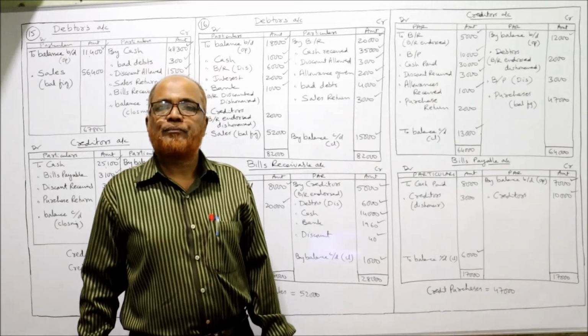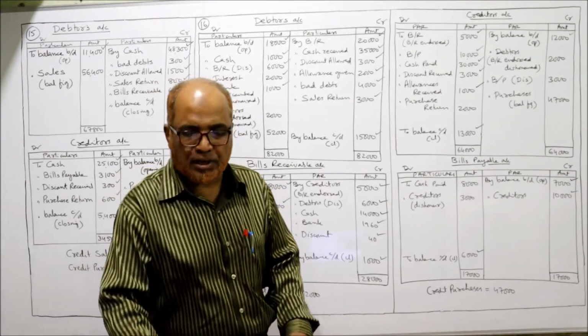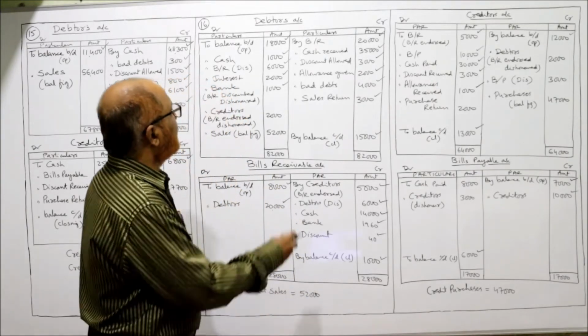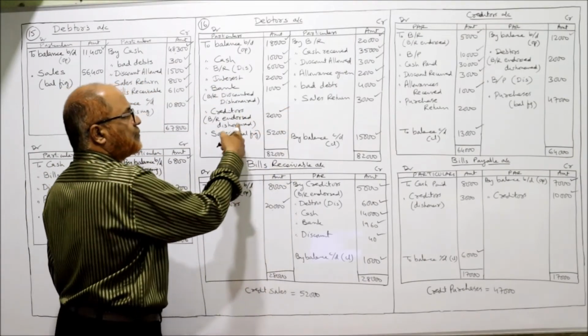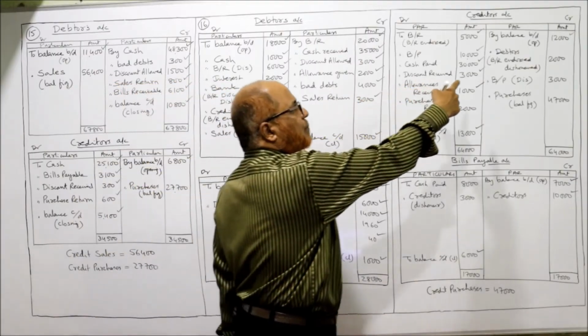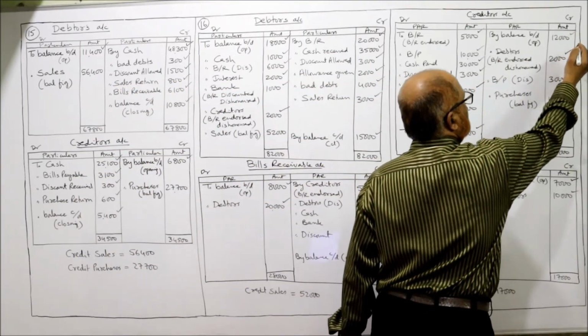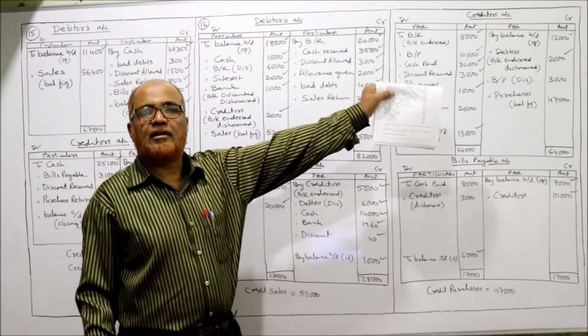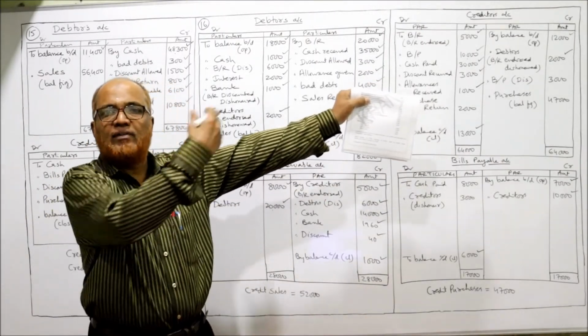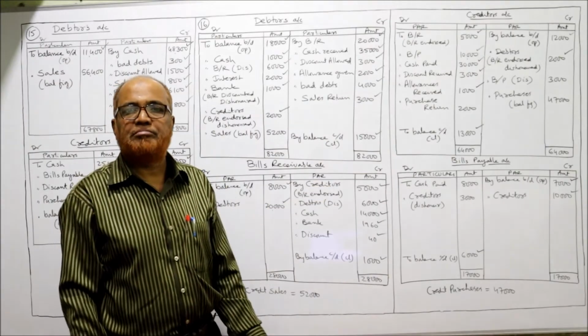So entry will be debtors account debit to creditors. So debtors will be debited, to creditors 2000. And creditors should be credited by debtors 2000. Debtors should be debited, creditors should be credited, because the bill which we have given to creditors is dishonored.